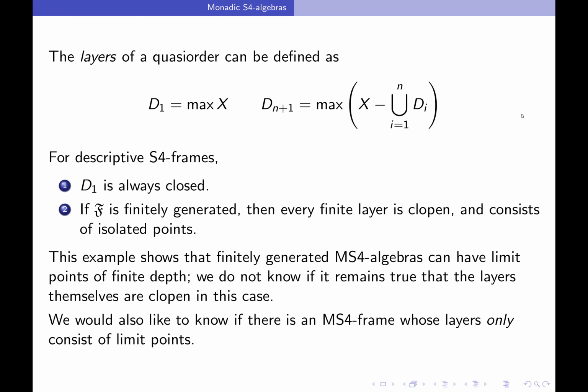We're also interested in knowing if you can construct an MS4 frame whose layers only consist of limit points. So somehow every point on a layer is a limit point of stuff beneath topologically. We don't know if that's possible. We'd like to know. So already it's harder to establish these nice structure facts about the dual spaces of finitely generated algebras.